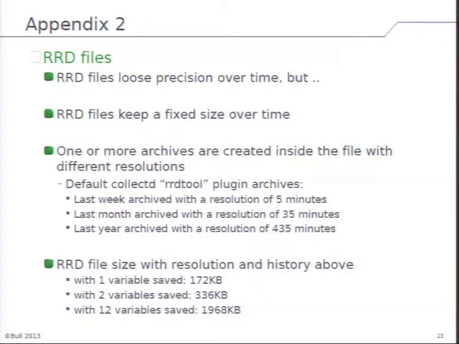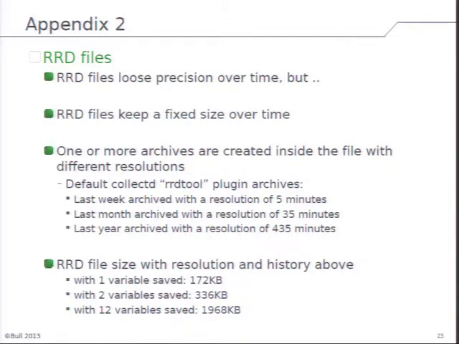And with these values of resolution, if you save one variable in the file, you have a file that will be about 170 kilobytes. Two variables, you will have about 300 kilobytes per file, and if you have 12 variables in your file, you will have about 2,000 kilobytes.